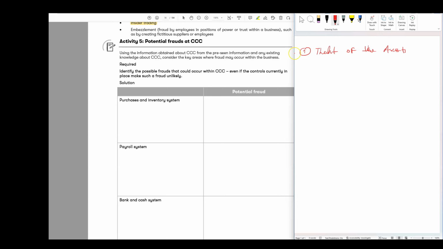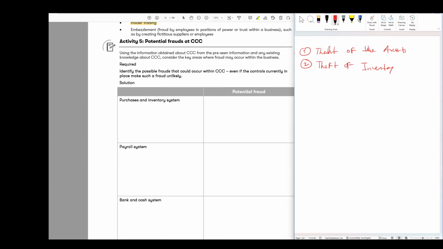The next one could be theft of inventory. So as you can see, the CCC maintain the inventory on an Excel record and it is a manual accounting system.